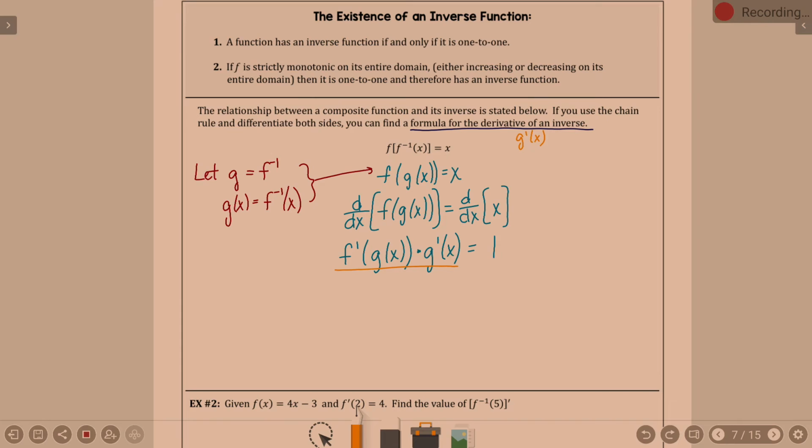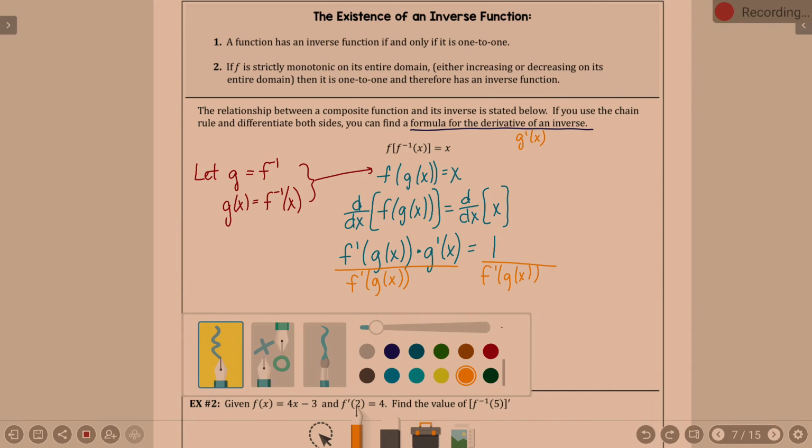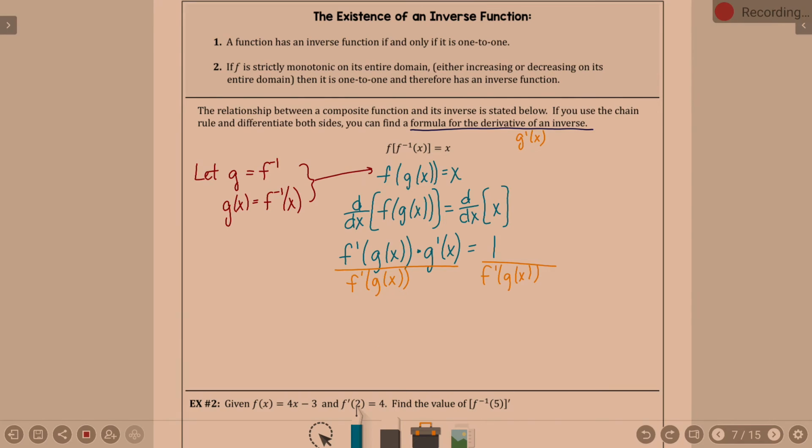Divide both sides by F prime of G of X. We're dividing both sides by F prime of G of X. Right now, my inverse is represented as G. So derivative of the inverse is G prime. Okay? Those cancel, right? I have G prime of X is equal to 1 over F prime of G of X.